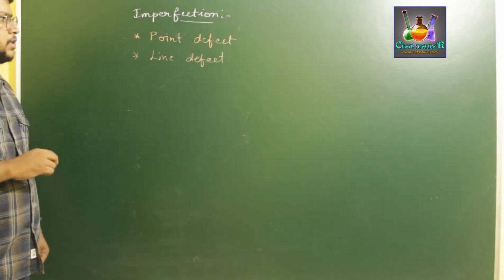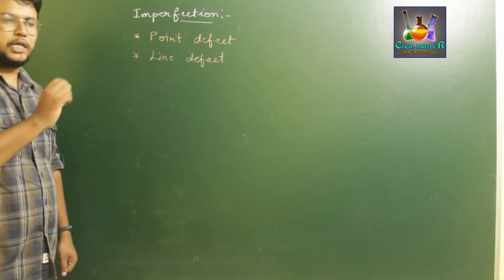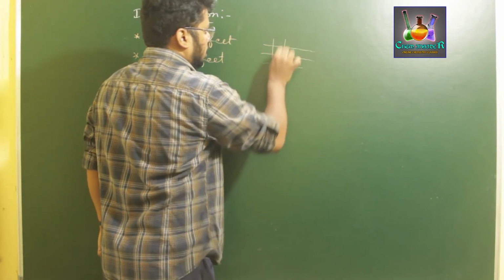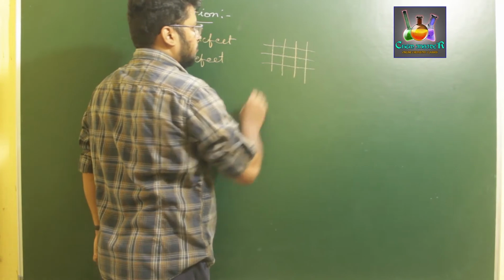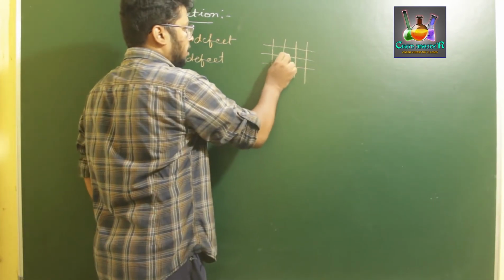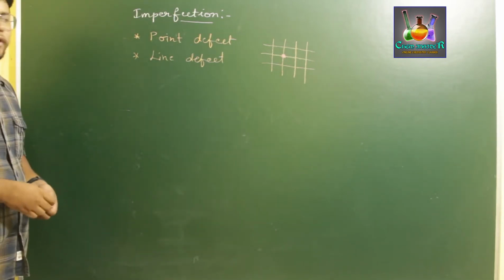A point defect is one in which a crystal lattice has a defect at a certain lattice site. If you consider this as a site of a crystal lattice, and there is just one imperfection present at this particular site, then that kind of defect is called point defect.